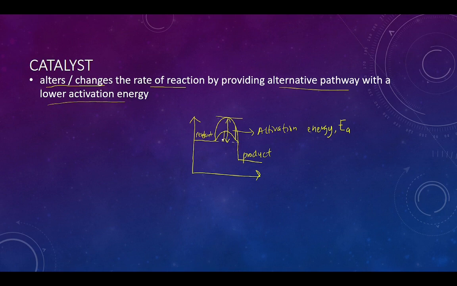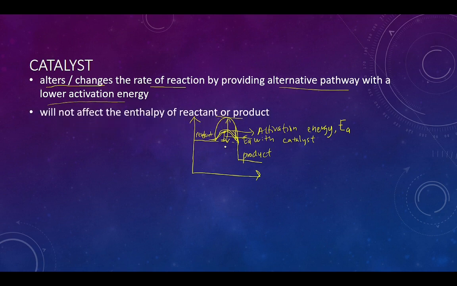So this is the new activation energy, with catalyst. EA with catalyst is lower. If we imagine someone who wants to climb up this hill, it will take less energy to climb the lower hill. Okay, so that's what it means. This does not change the enthalpy, which is the energy of the reactant.